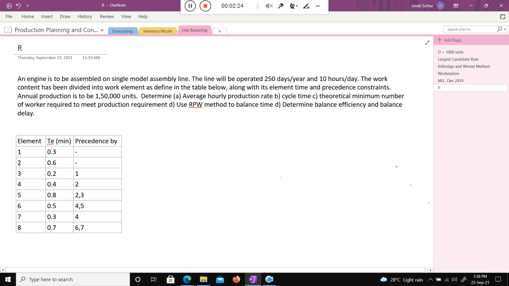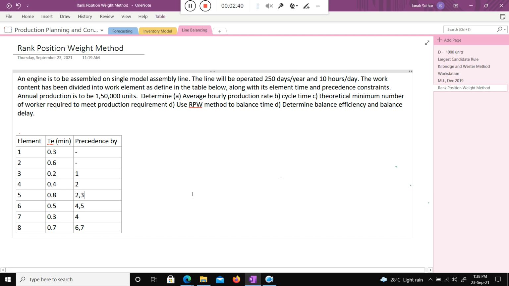One minute, I put the topic name. Okay, so this is the rank position weight method actually. So first, instead of going to sub question A, I will first address sub question B. Why?